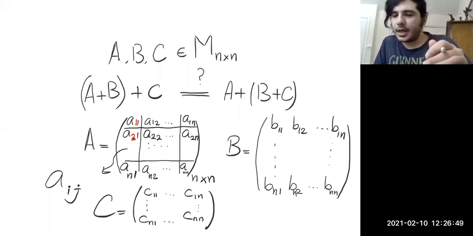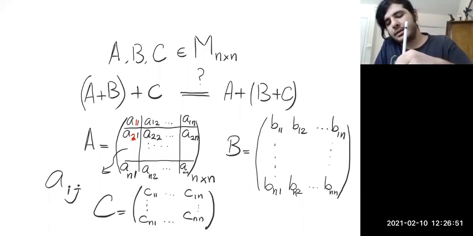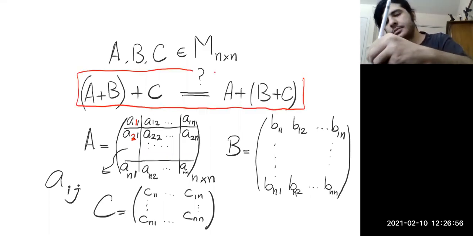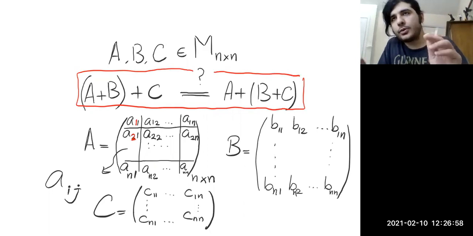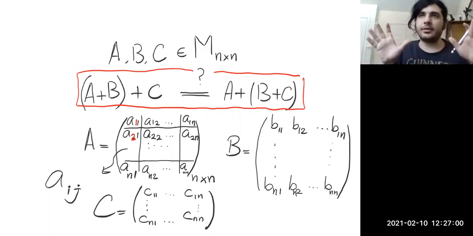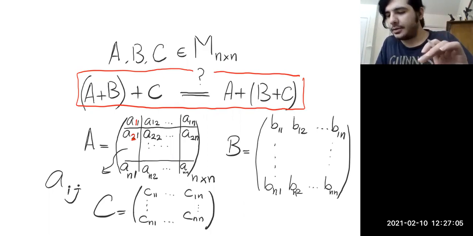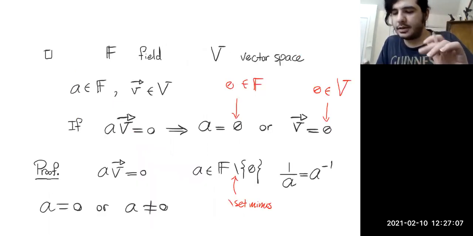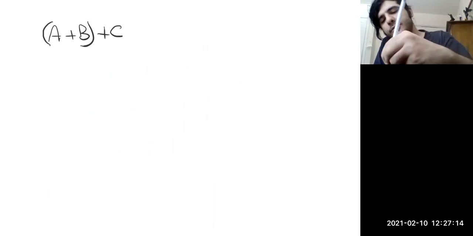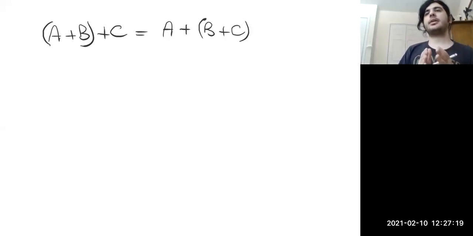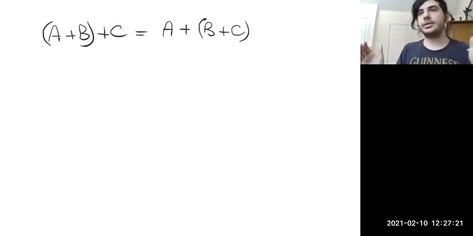Okay. So now, rather than writing this equation in this format, I would use this table of numbers I have. So I want to show (A plus B) plus C is equal to A plus (B plus C) if I change the places of parentheses.